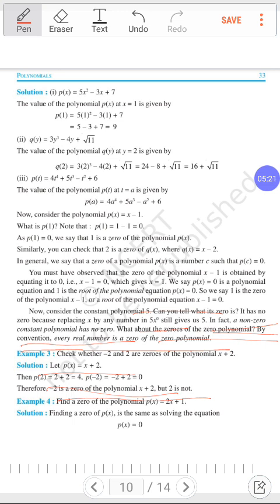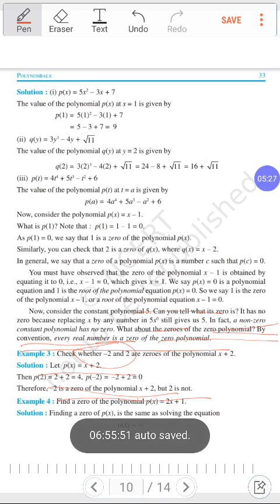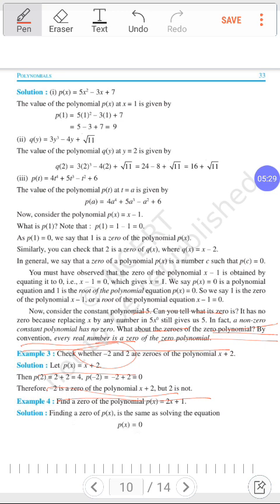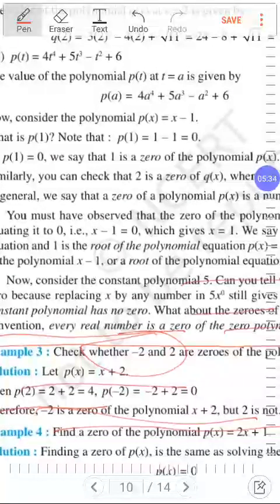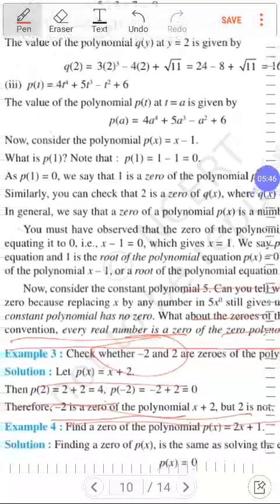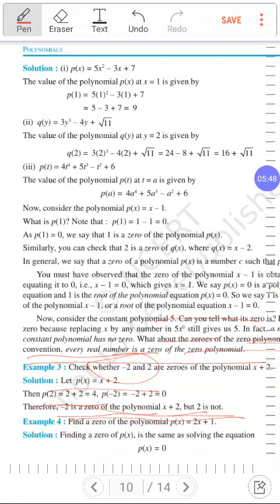Because when we keep minus 2 in place of x, we get minus 2 plus 2 becomes 0. But when we keep 2 in place of x, then 2 plus 2 becomes 4, not 0. Okay? So minus 2 is a zero of the polynomial x plus 2, but 2 is not.